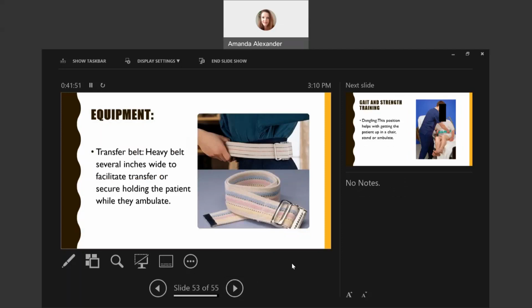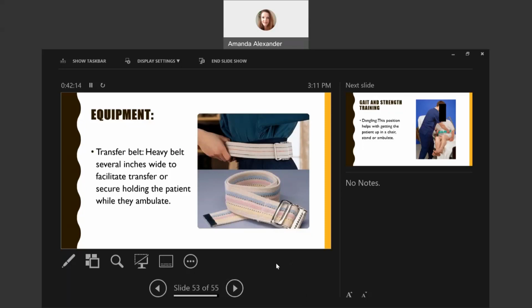A transfer belt is often used to facilitate walking, transfers from one surface to another, and it's used to hold the patient closer to you and keep them secure when they're moving. There is a right way and a wrong way to place a belt on also.